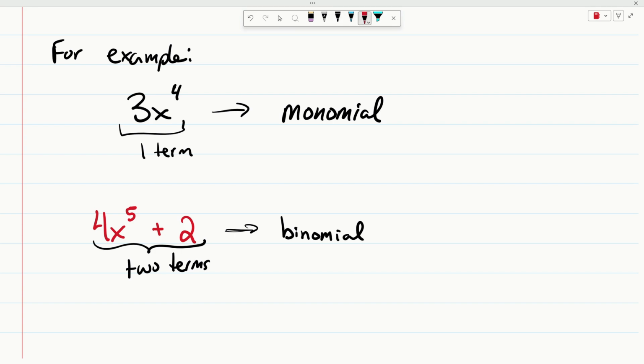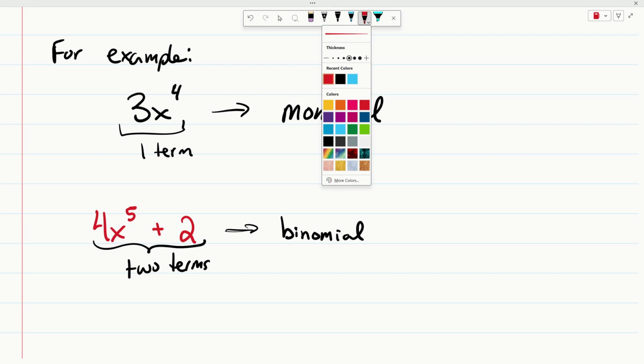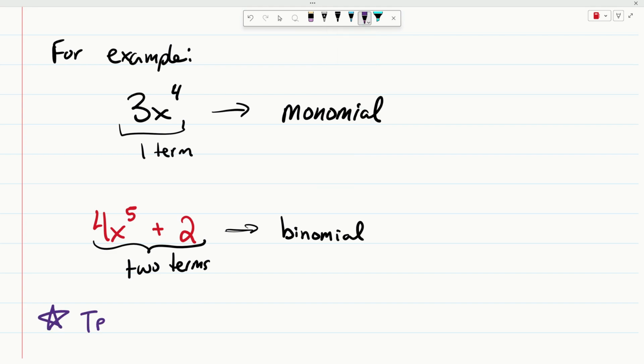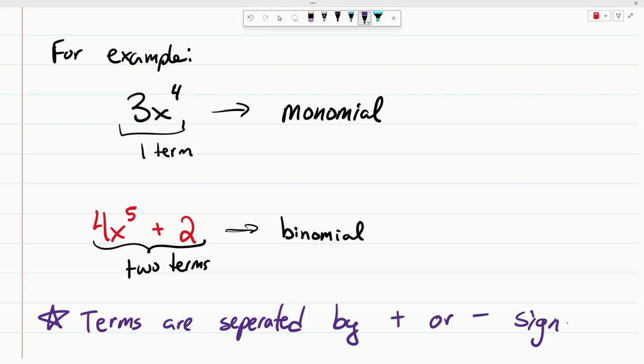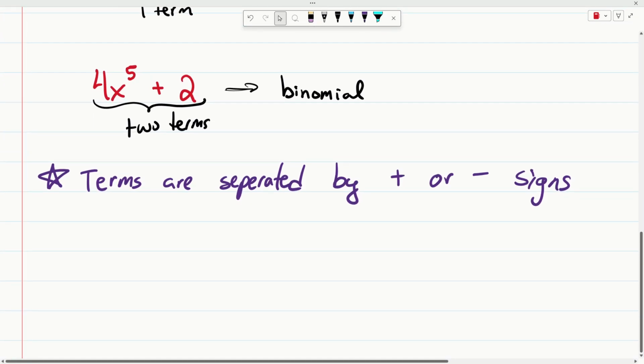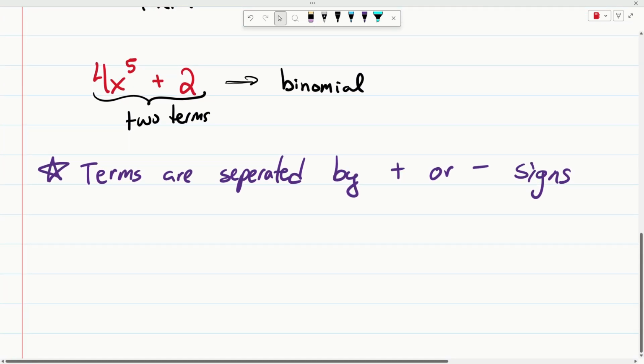So just remember, I'm going to use a nice color here. We'll use purple. Terms are separated by plus or minus signs. All right, so terms are separated by plus or minus signs.